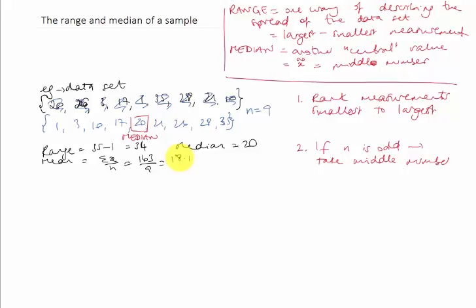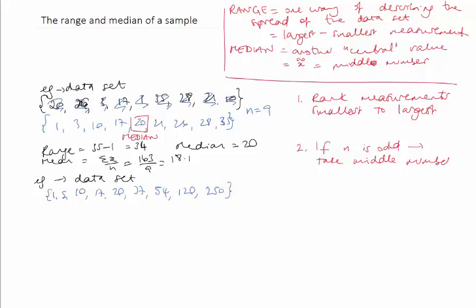Okay, let's do another one. Another example data set. So this one I've already ranked them for you. Writing out my numbers here: 37, 54, 120, 250.